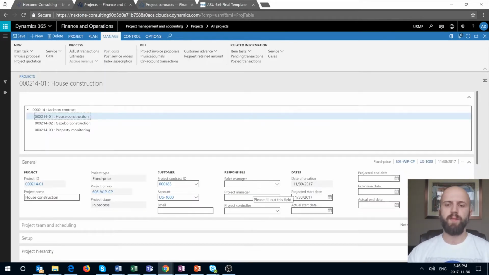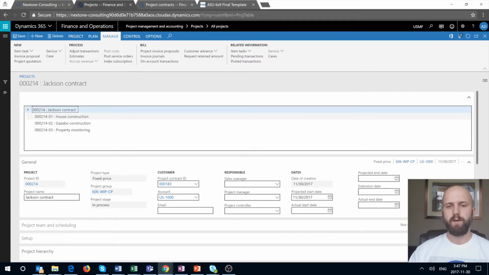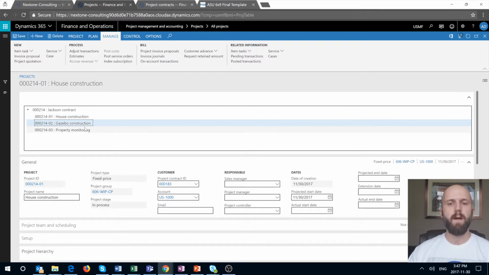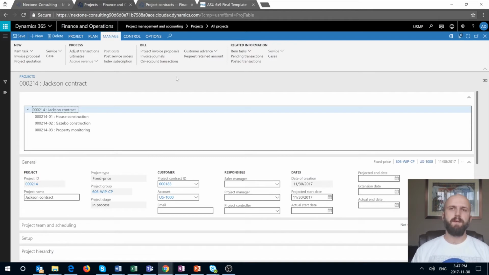It's also worth noting that the contract for each of my sub-projects can be different from the main one. For example, I may choose to assign a different project contract ID and hence a different funding source for each of my different sub-projects. So let's summarize step number 2.